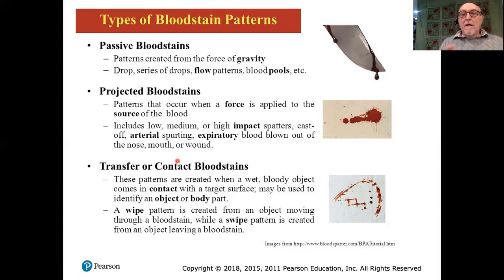Okay, the last set are very important if they are present. They're not necessarily always present, even at the scene of a violent crime. But these are transfer or contact blood prints, blood stains. And these would be things like where somebody has stepped in blood and then walked away and left imprints in blood.